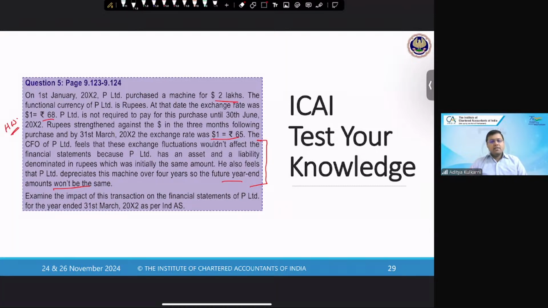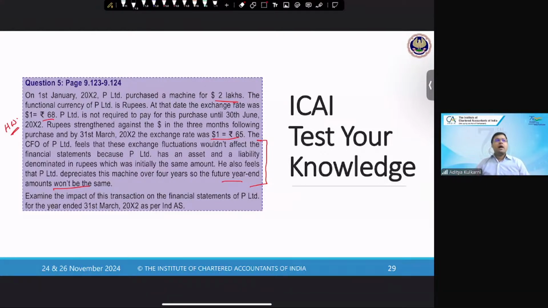In summary, the functional currency is the currency in which you pass the journal entries. That is the fundamental thing to remember. Your pricing, your costs, employee related costs, all these items, which currency is impacting them, that will end up becoming your functional currency.